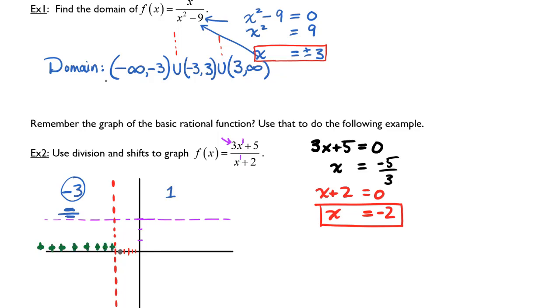Now let's take a look at anything greater than or equal to 1. If I put 1 in, I will have 3 plus 5, which is positive, over 1 plus 2, which is 3, which is positive. So this is a positive region. I know that the curve must be positive and hug an asymptote to infinity.